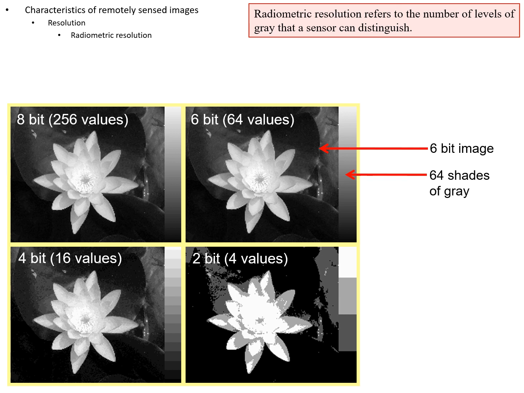So 8-bit data. The Landsat program has had 3 major kinds of sensors. The multispectral scanner, which was put on the first Landsats, was replaced by the thematic mapper series of sensors. And now we have the OLI sensors.